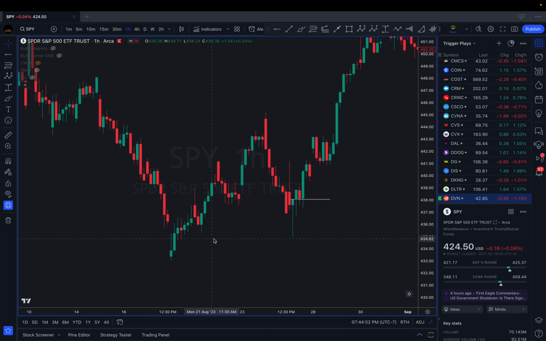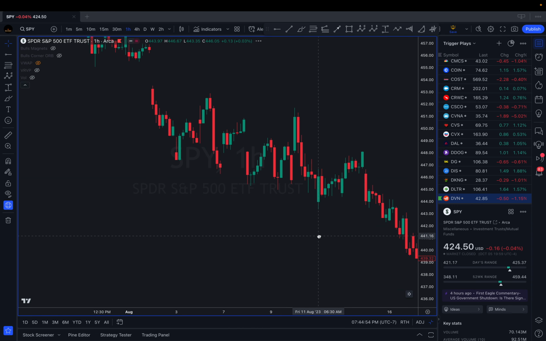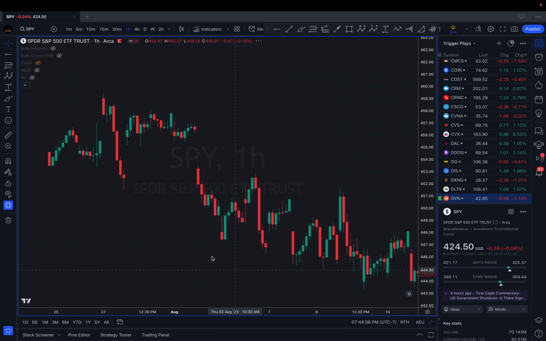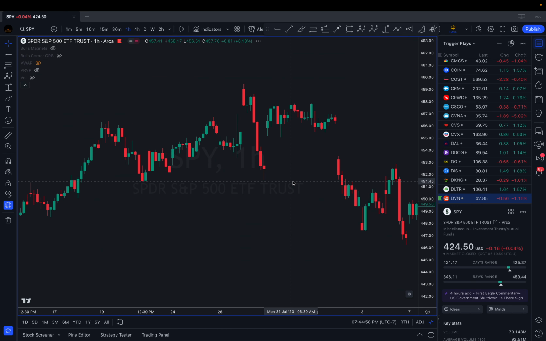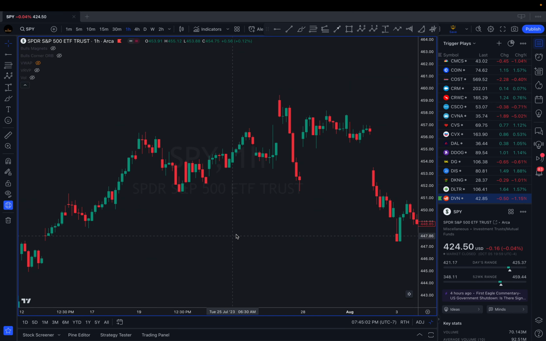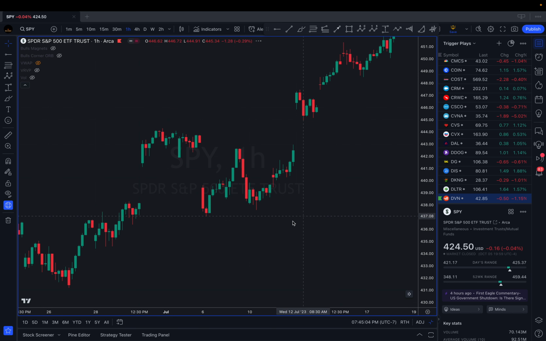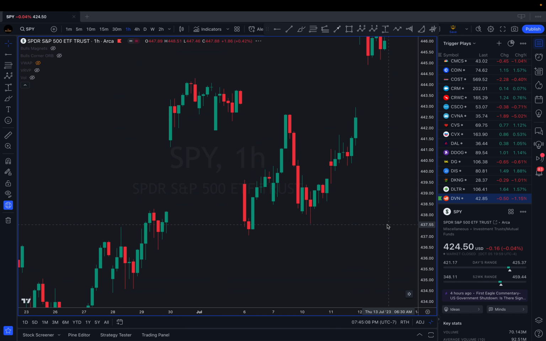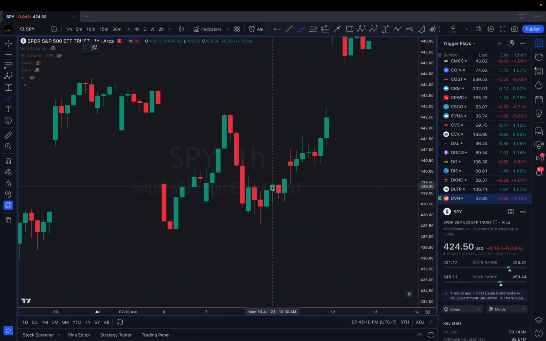So really nice trade following this hammer. Formed this hammer right here into this support, broke above it, retested it, went higher.